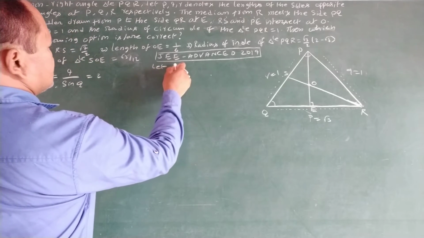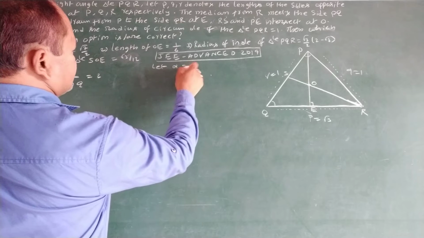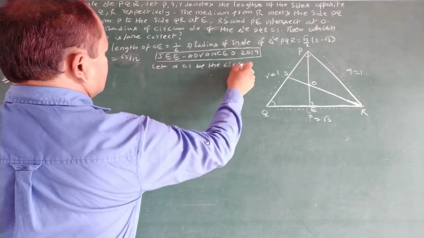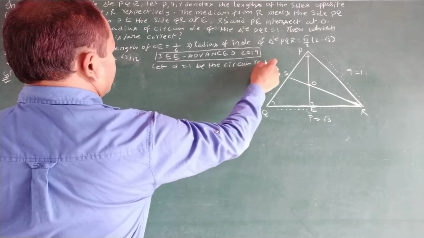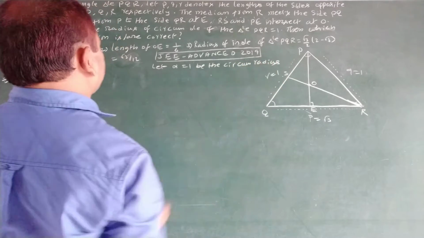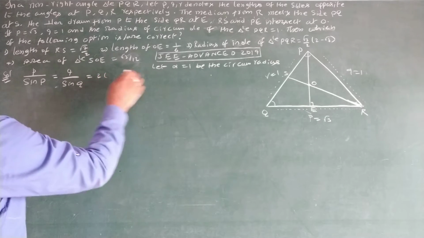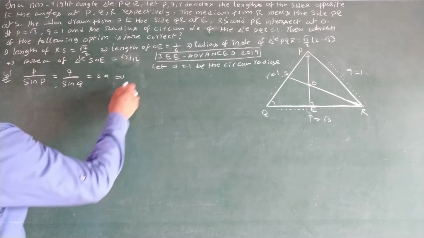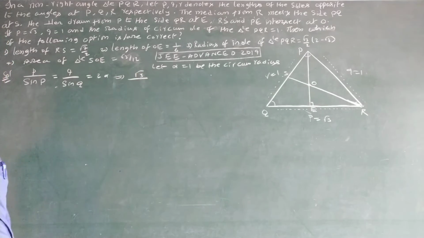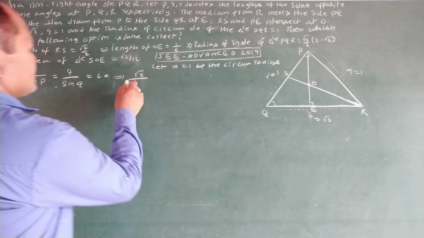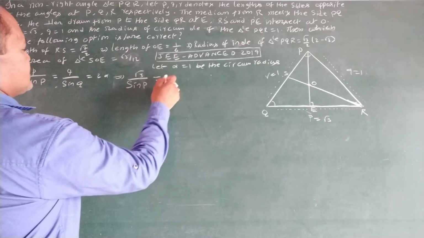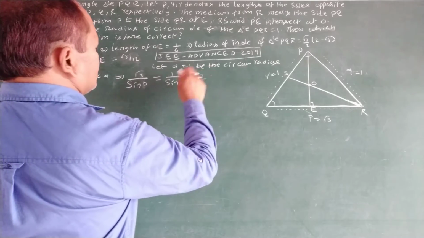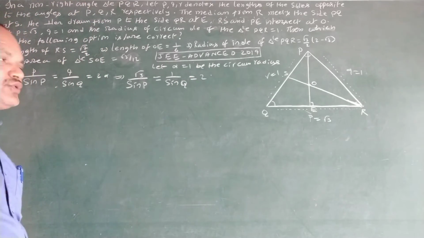Let us take alpha equal to 1 as the circumradius. Then it is 2 alpha. So simplifying: root 3 by sine P is equal to 1 by sine Q is equal to 2 into alpha, which is 2 into 1, that is 2.